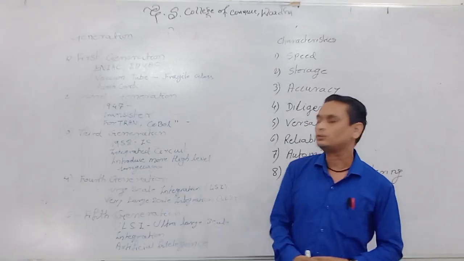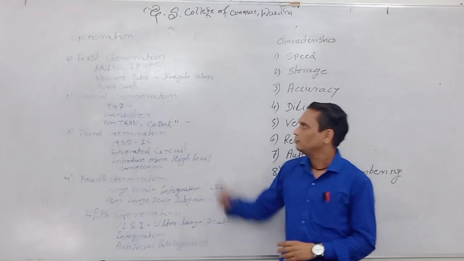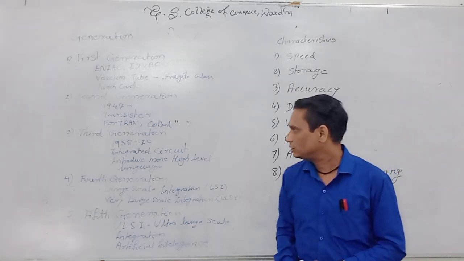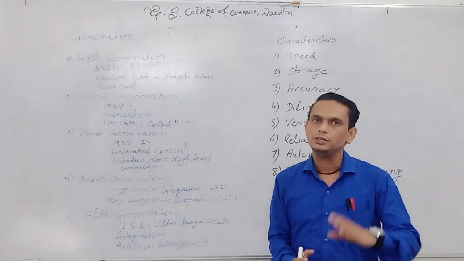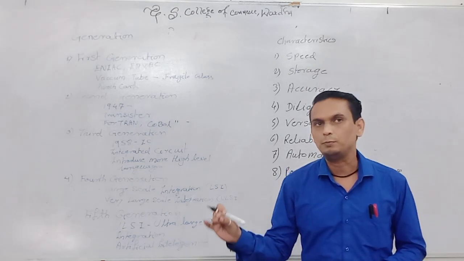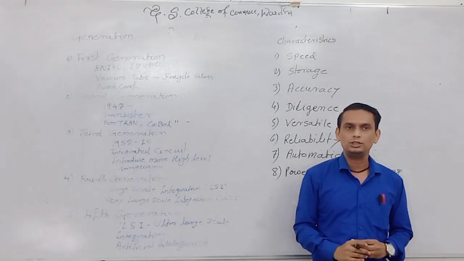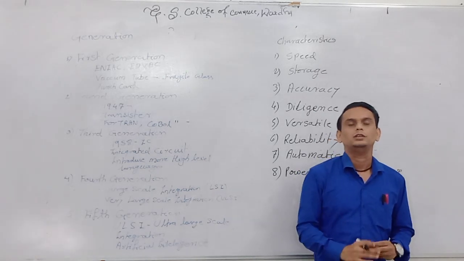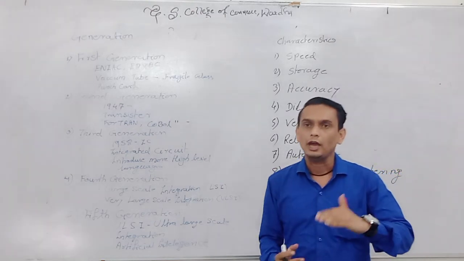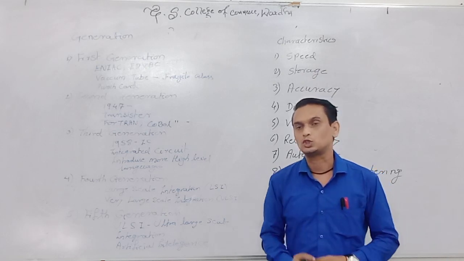We have five generations of computers: first, second, third, fourth and fifth. The years of these generations are described in different ways, and different authors provide different time periods for every generation. So we do not talk about the years or dates, just about the enhancements available in the hardware and the software.